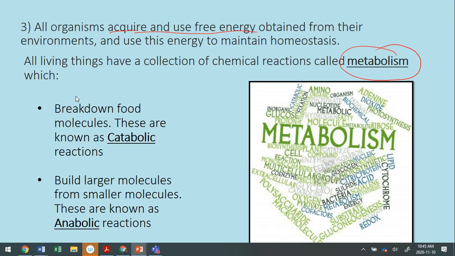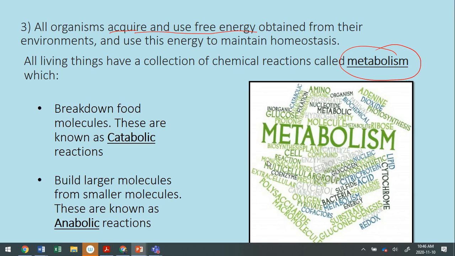Again, how do the plants in my windowsill acquire and use energy? Well, they're autotrophs, so they get their energy from the sun. Okay, how do you acquire and use energy? Well, in about 45 minutes from now, you're going to have lunch. You're going to eat something, right? So you're what's known as a heterotroph. You have to get your energy from outside sources.